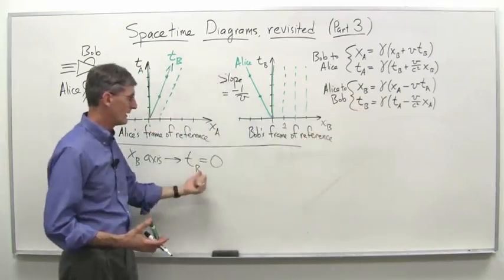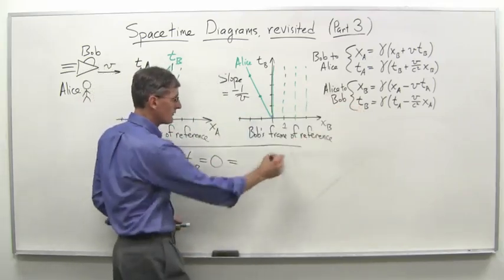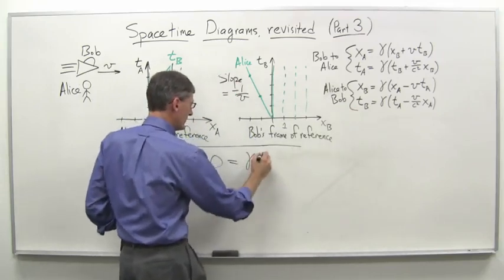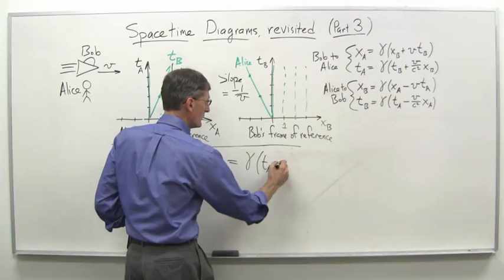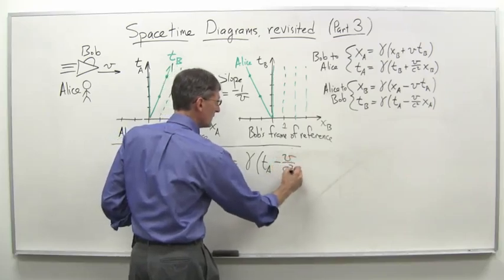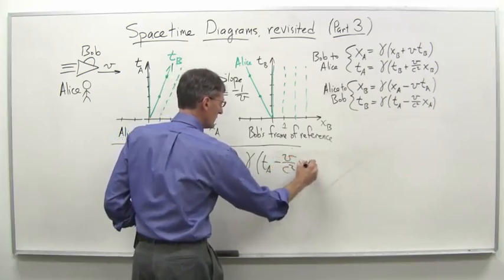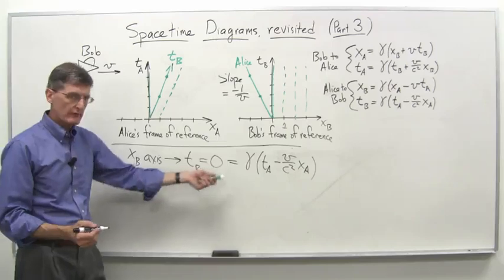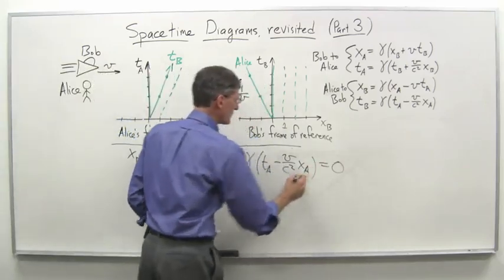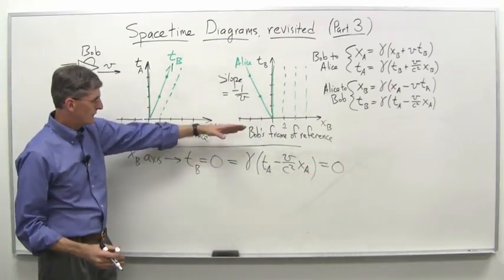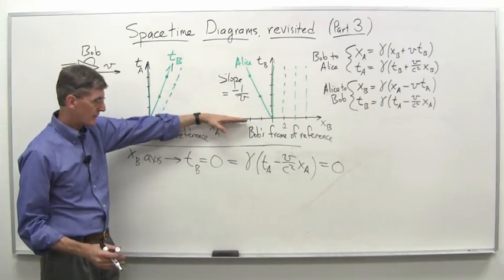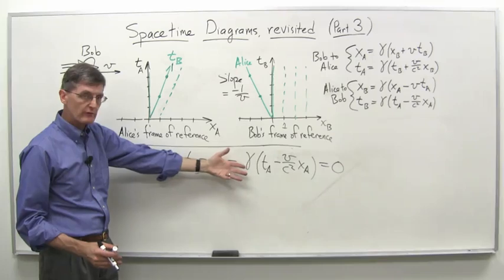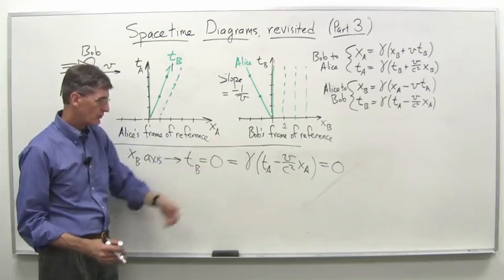It's going to equal 0, so we can say this equals gamma times ta minus v over c squared xa. Again, we'll say that equals 0, because for this special case, tb equals 0, the xb axis, we can solve this equation for xa in terms of ta.